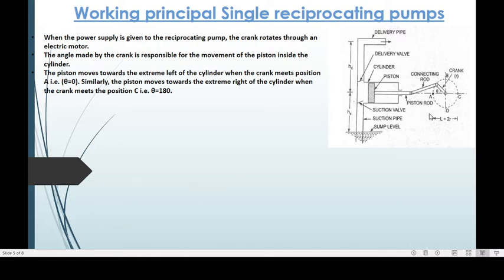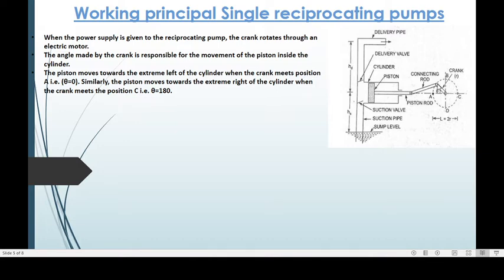The piston moves to the extreme left when theta is 0, and similarly the piston moves toward the extreme right, in this position, when your angle is 180 degrees, or you can say the crank is in the C position.